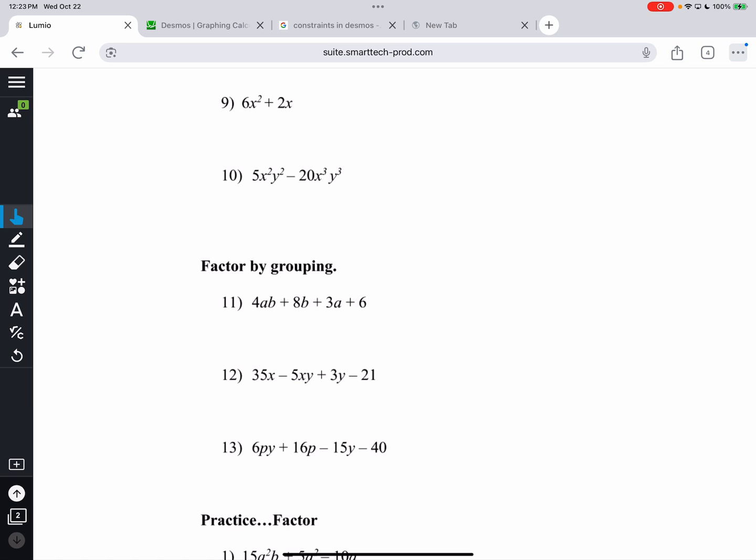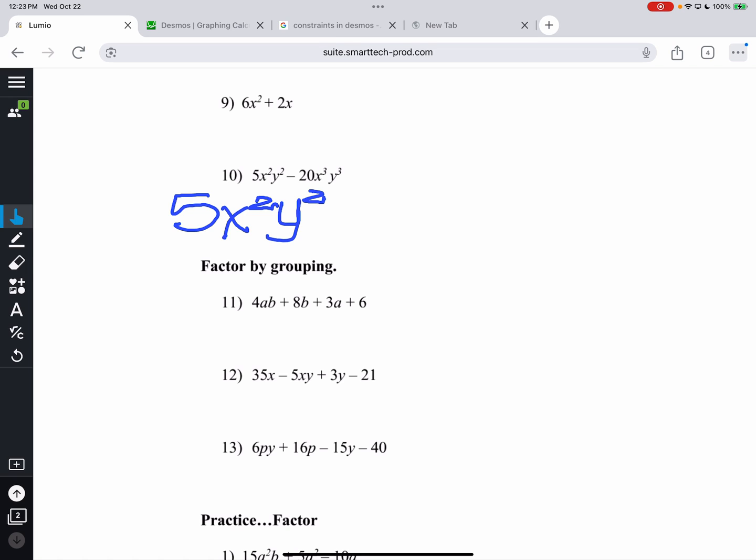So what did you get as the greatest common factor? 5x squared y squared. Notice this. In this case, your two options, you have an x squared and an x cubed, and a y squared and a y cubed.